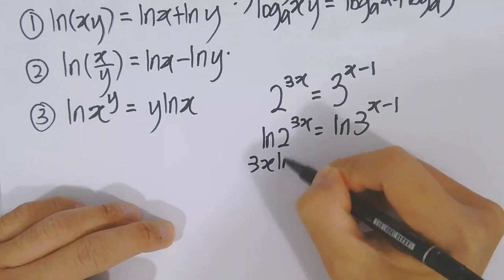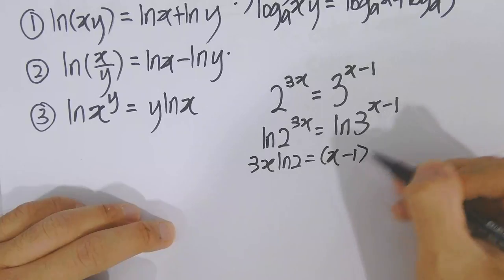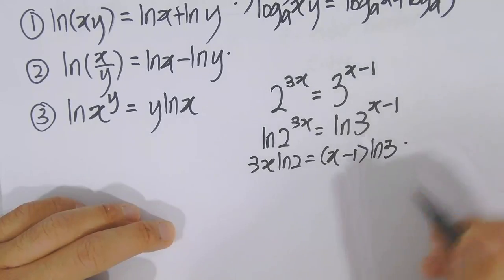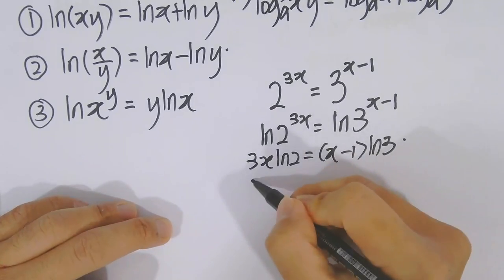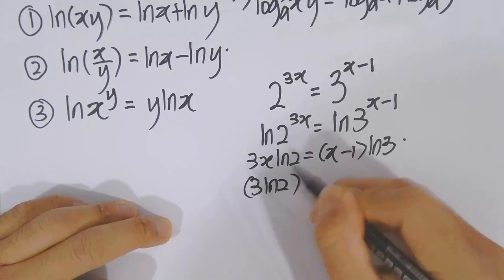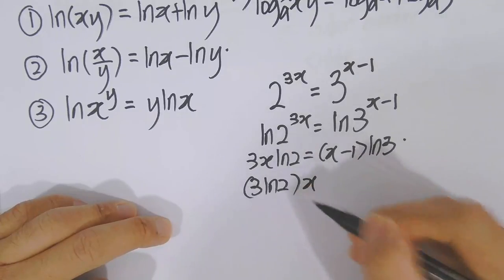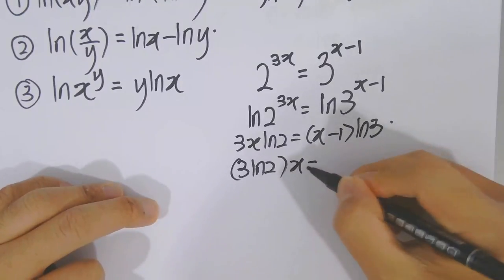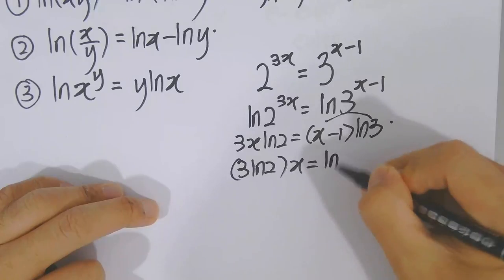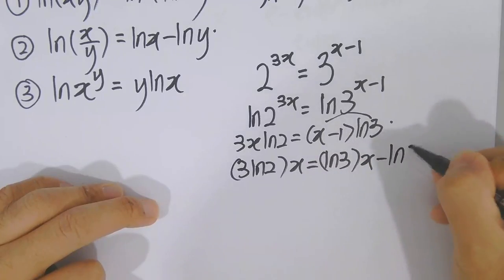Then you have ln 2, and you can bring down the x minus 1, ln 3. So you can rewrite this as 3 ln 2, which is a constant, and x is an unknown, so I put a bracket here. Then it equals ln 3 times x minus ln 3.